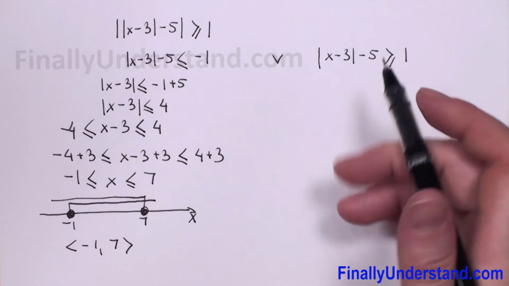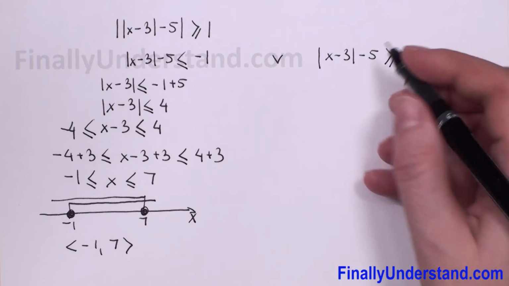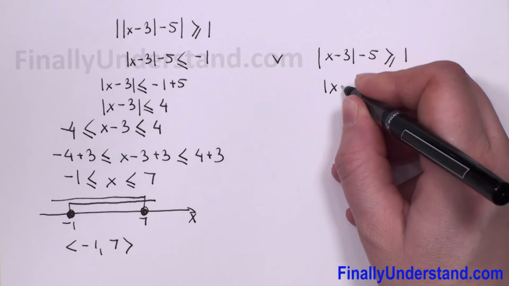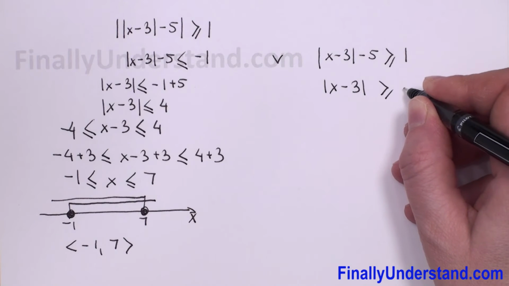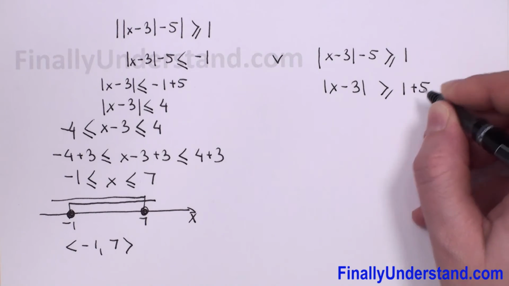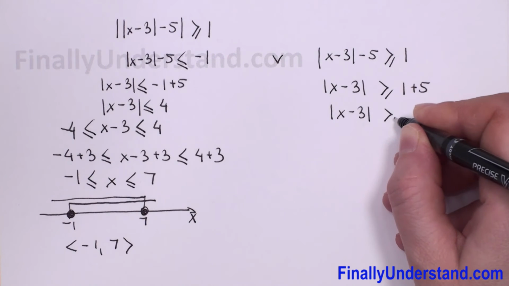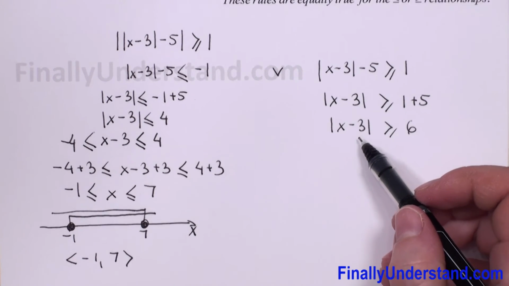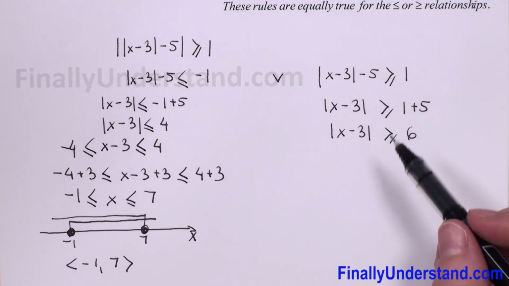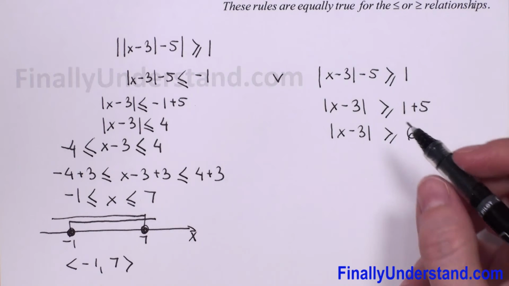And now we have to solve the second. I will move negative 5 to the right, so we have the absolute value of x minus 3 is greater than or equal to 1 plus 5. So the absolute value of x minus 3 is greater than or equal to 6. Now we will use the second rule because we have the sign greater than or equal.